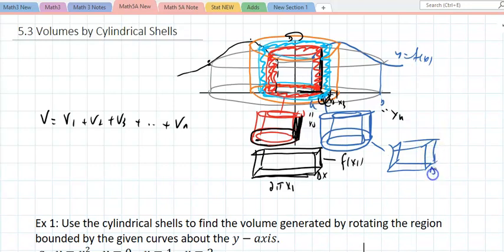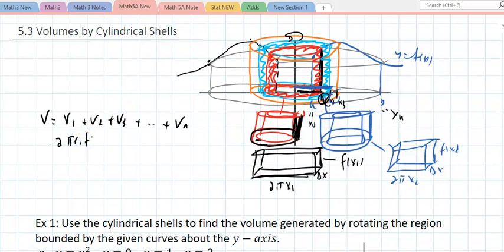In which this is delta x, the height is f of x2, and this is 2 pi times the second radius, in this case the radius is x2.